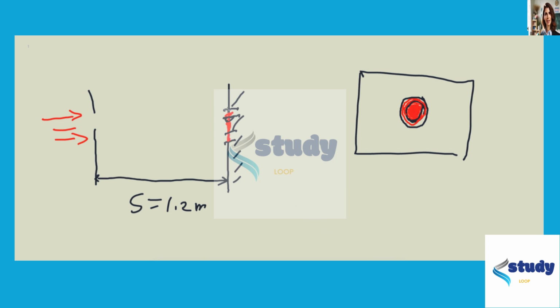The distance on the screen between the first dark ring and the second one is delta y equals 1.65 millimeters, which is also 1.65 times 10 to the minus 3 meters.